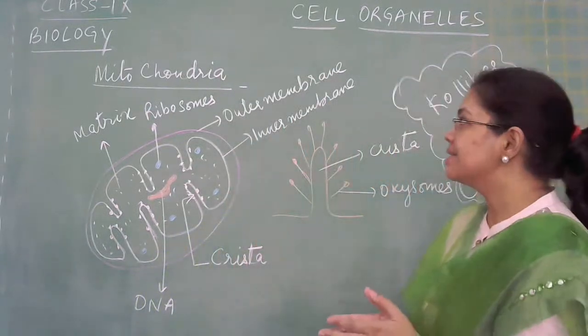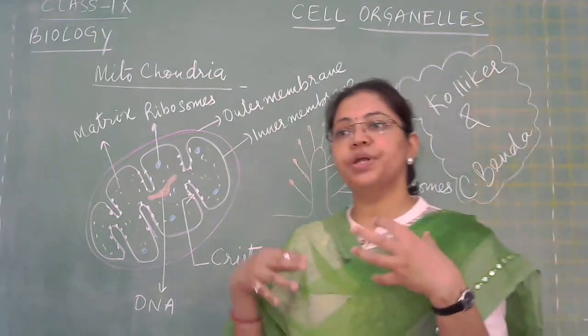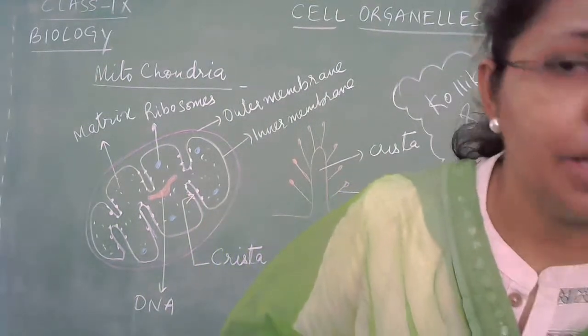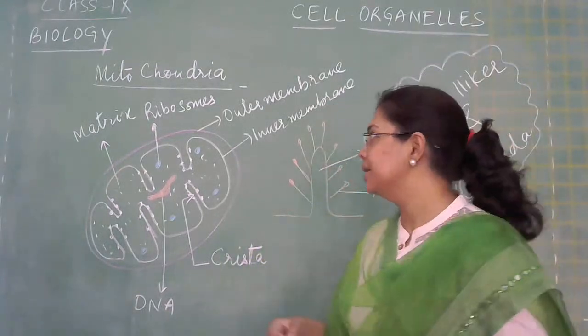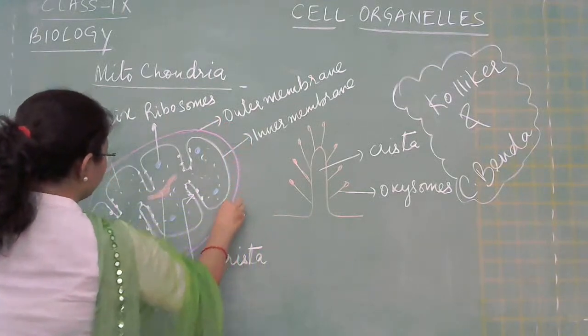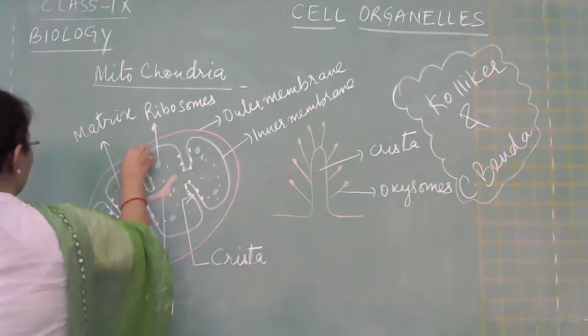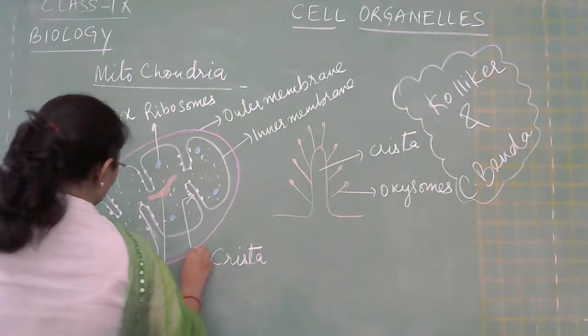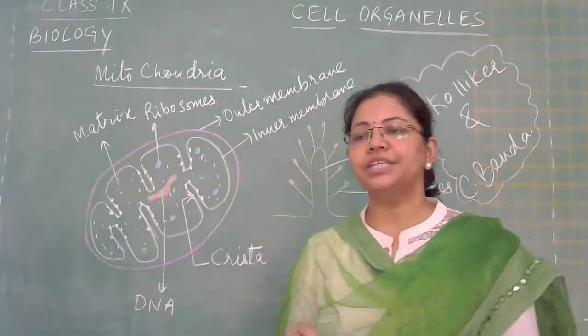So in today's lecture we will discuss some more important cell organelles, and in that sequence the first one I am going to take today is mitochondria. That is mitochondria, right?